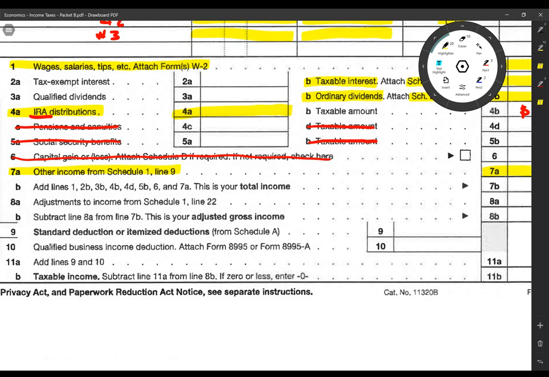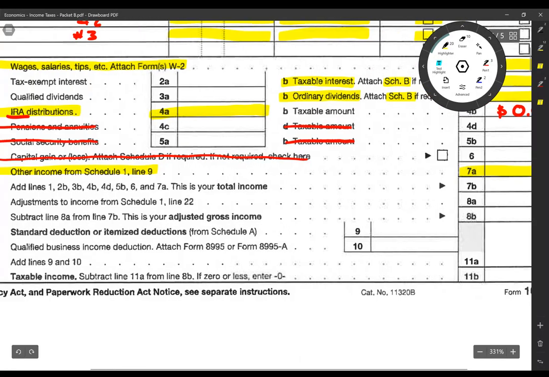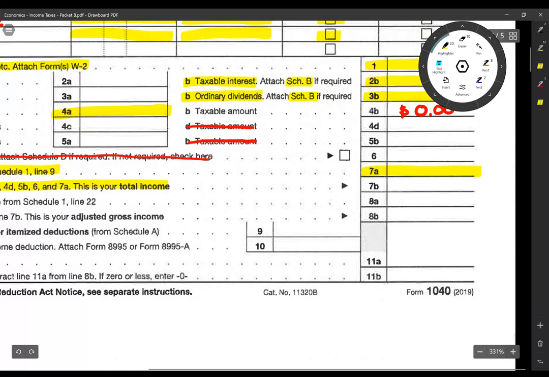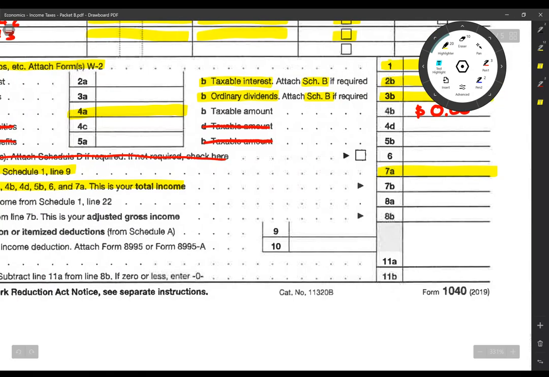This is your total income. Well, that's simple enough, right? We can all do that. We add anything in this column that has a number, and we total it up right here. So this is going to be the total income.